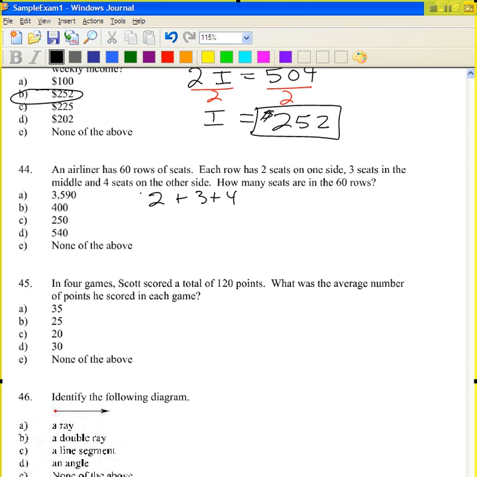In one row, there are that many seats. In 60 rows, there'll be 60 times that. 2 plus 3 is 5, plus 4 is 9, times 60 is 540. So 540 seats. D.